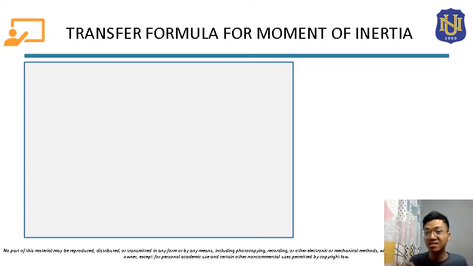You will just transfer that. So the thing that you need to memorize here is the x and y centroidal moment of inertia of some common geometric figures. If you know that, it will be easy for you to solve for the moment of inertia of that area to any axis.